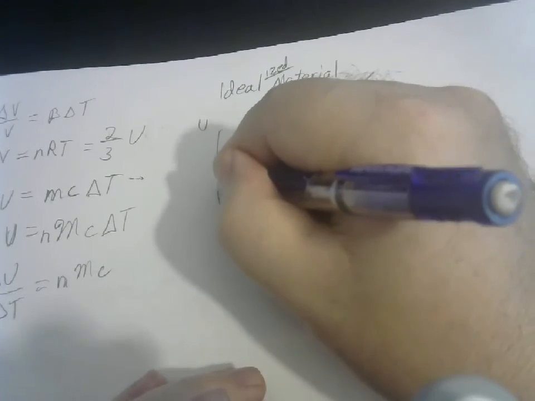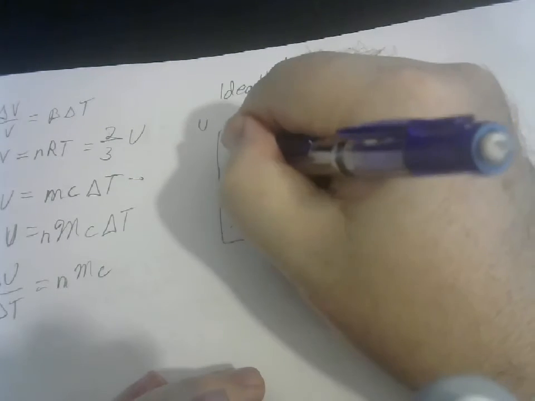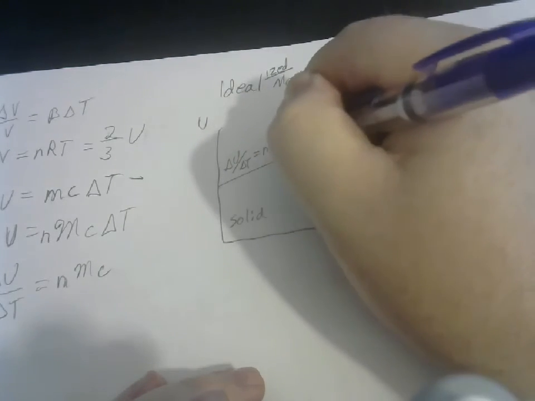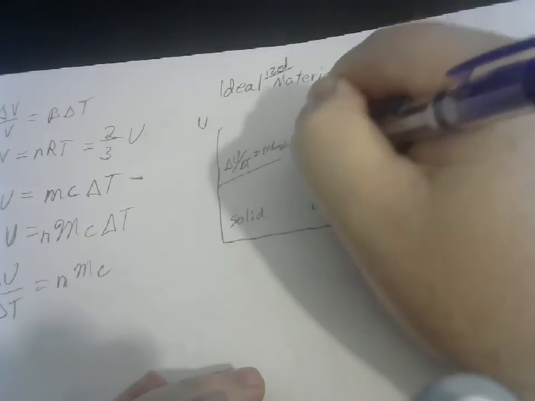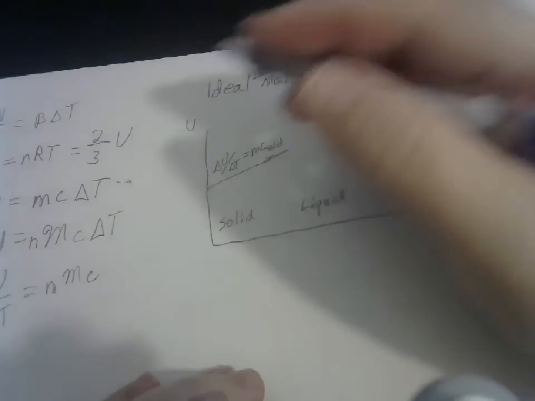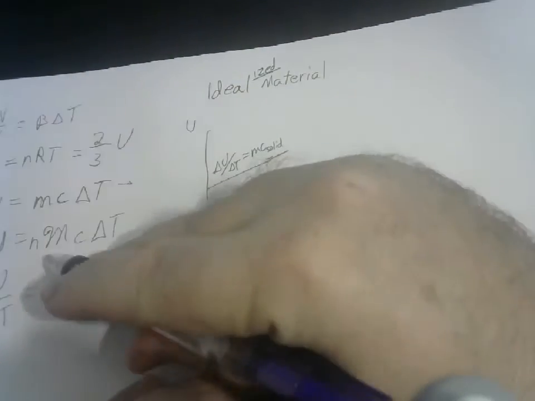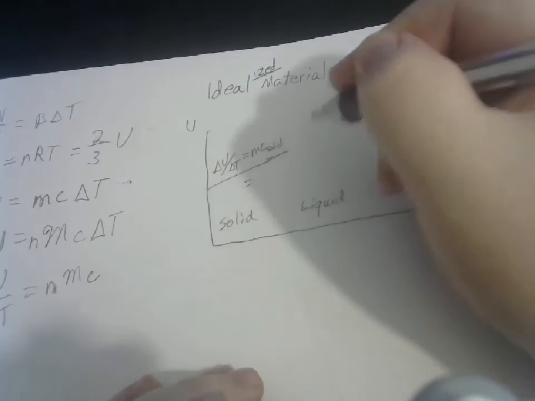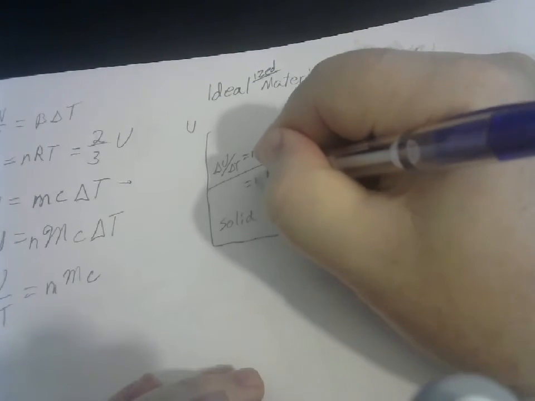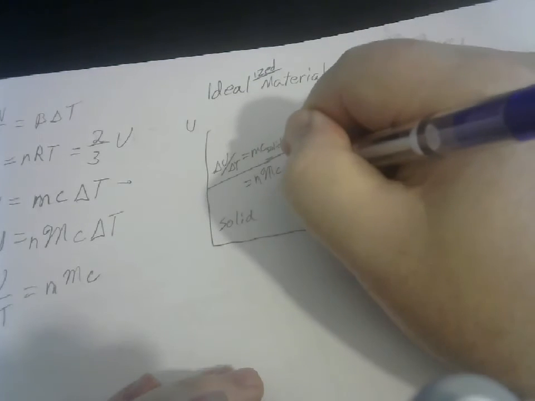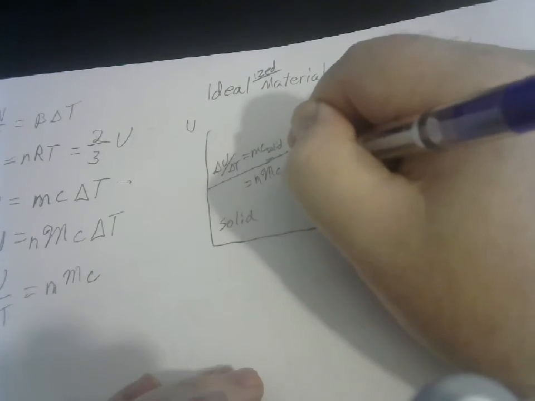So delta U over delta T equals MC solid, and I'll just draw that out to there. And if you wanted to write it in terms of the molar mass, you can write it as the number of moles times the molar mass times the same C solid.